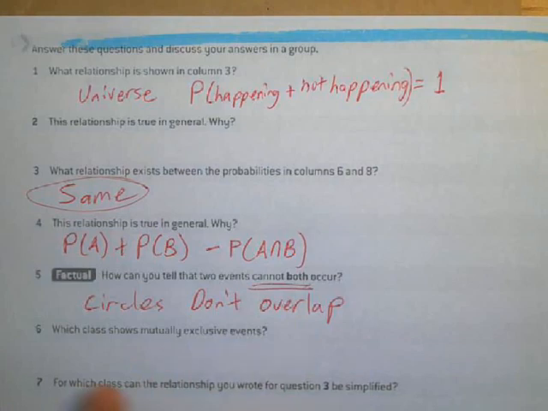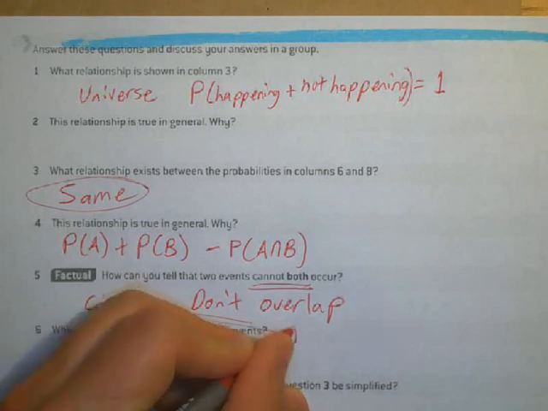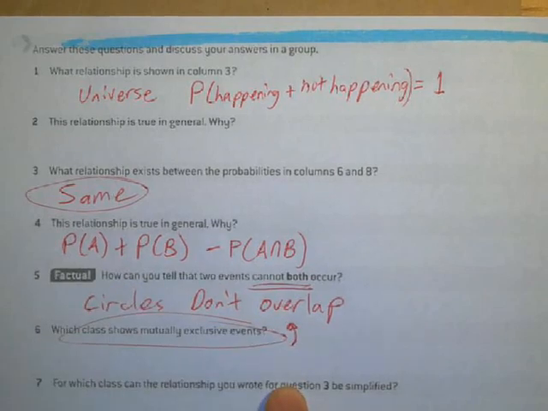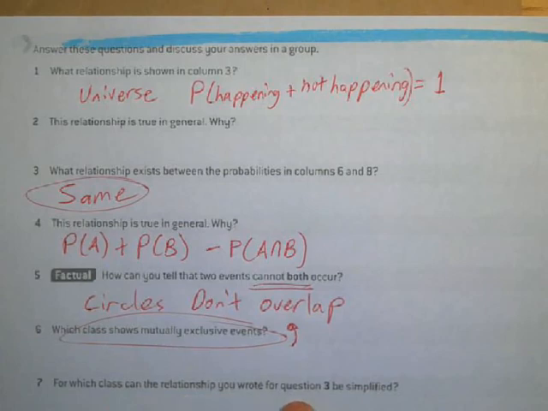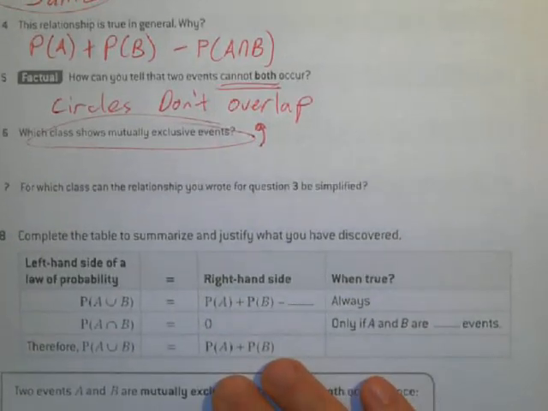And which class shows mutually exclusive? This happens when the circles don't overlap. Okay? And for which class can the relationship you wrote for question 3 be simplified? Let's think about that for a moment. Okay, let's answer question 8.